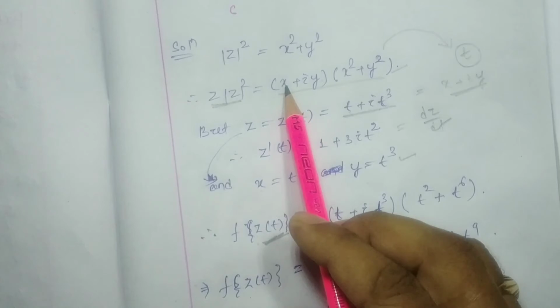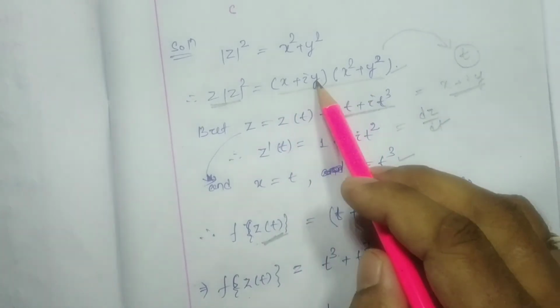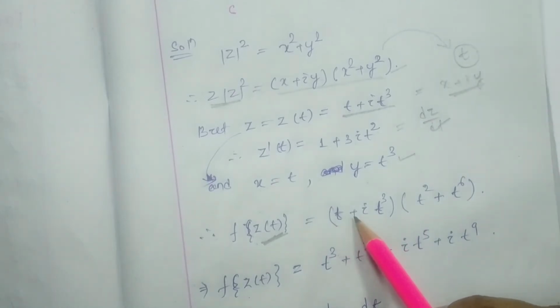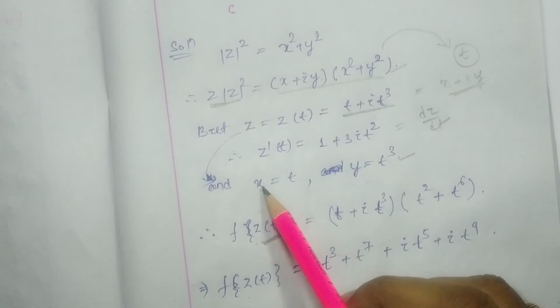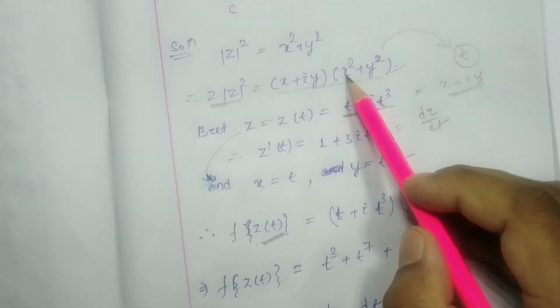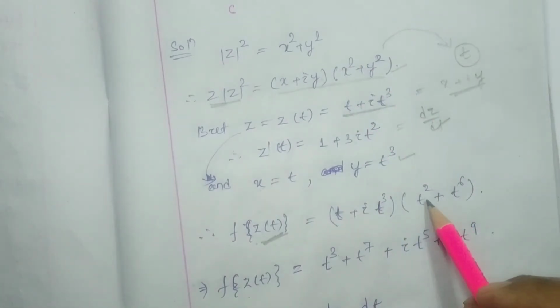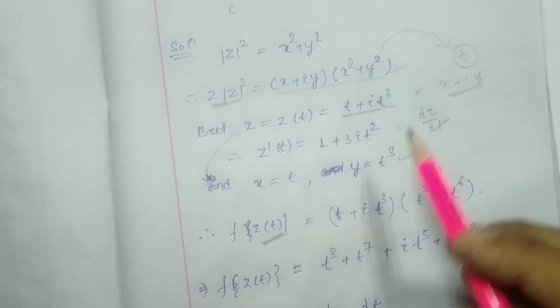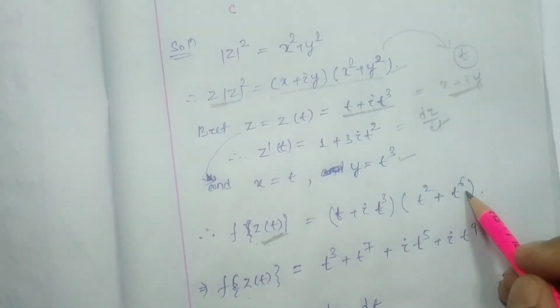So here x equals t, and instead of y we have to write t cubed. So t plus i t cubed, since x equals t, y equals t cubed. Then instead of x squared we have to write t squared. Instead of y, whenever we put t cubed, it will be t to the 6.